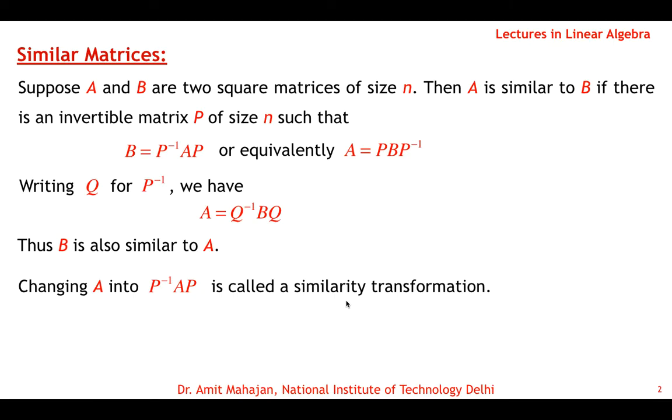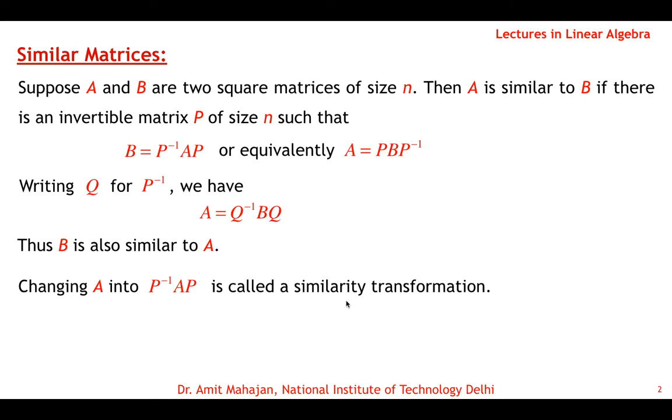Now the important thing here is that when we say matrices are similar, it is different from when we say matrices are equivalent. Earlier we used row operations to reduce a matrix to another matrix, and we said that A and B are equivalent matrices if B can be obtained from A by a series of operations.